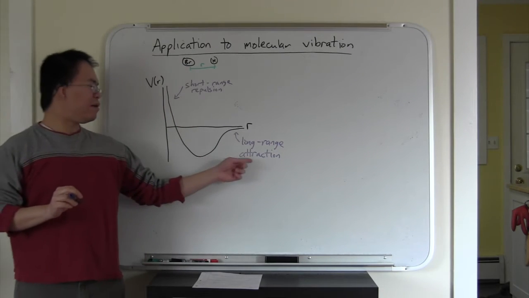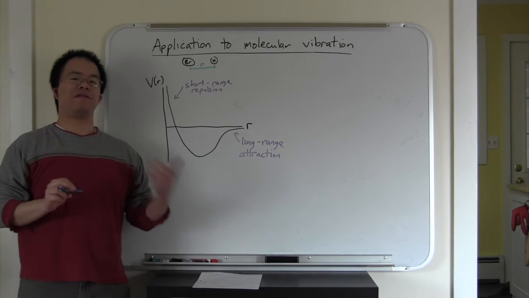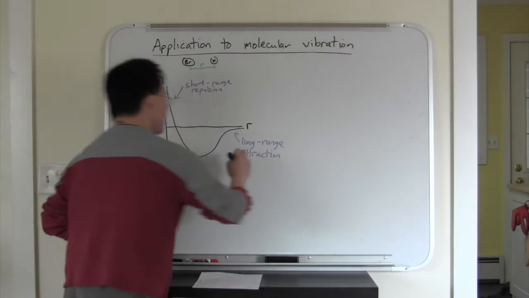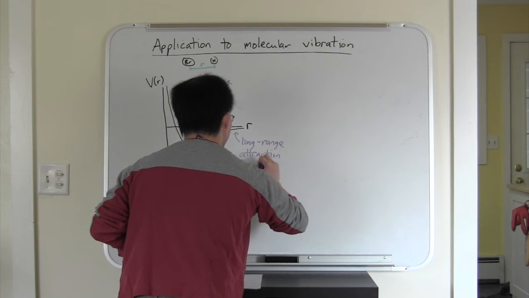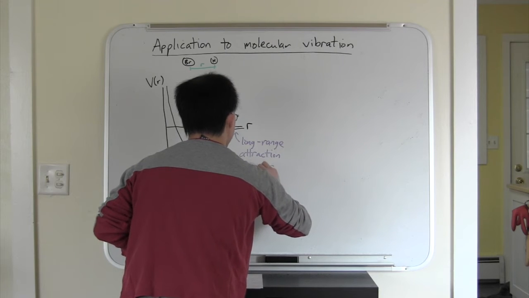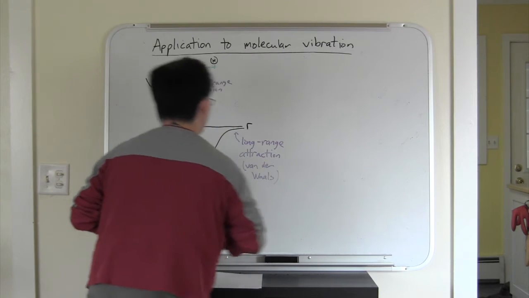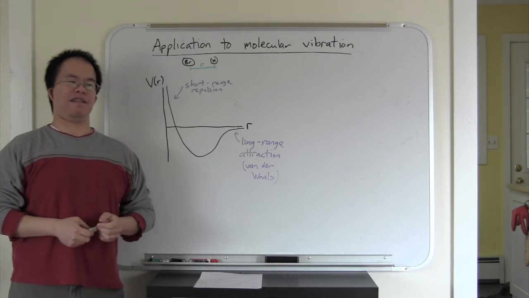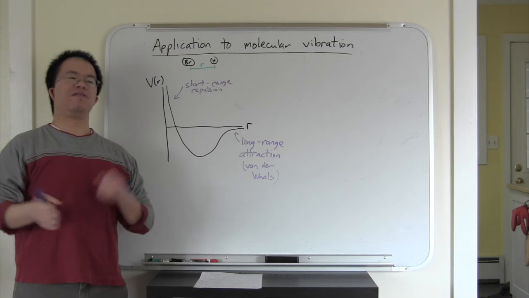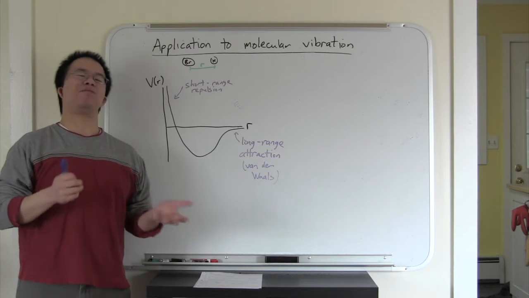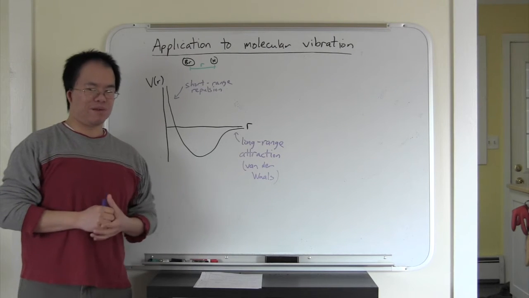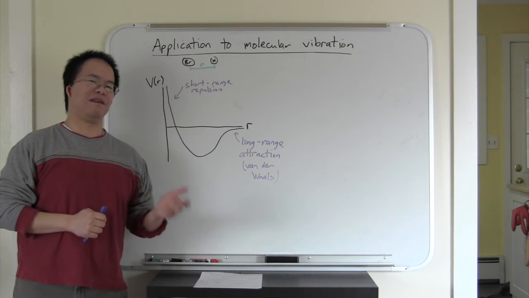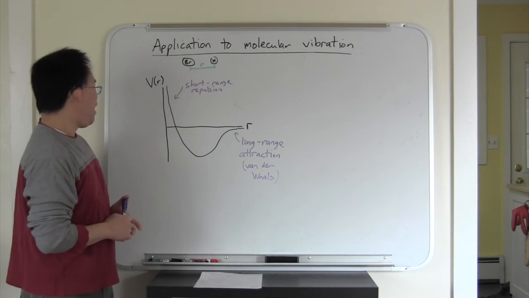This is what you might have learned about in chemistry as van der Waals forces. Those also are fundamentally electrostatic in character. They have to do with the interaction between fluctuating electric dipoles. You might talk a little bit more about that in upper level E&M.